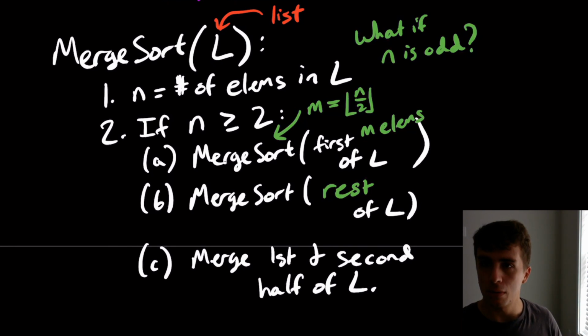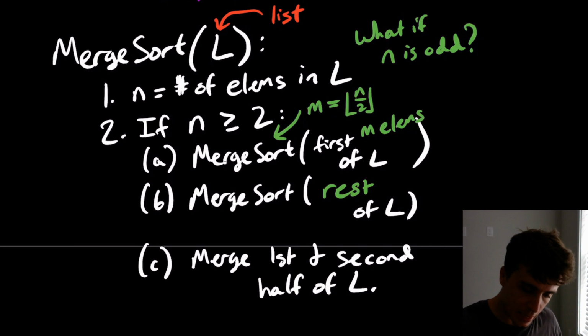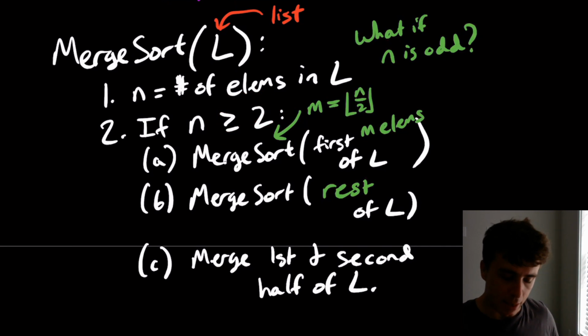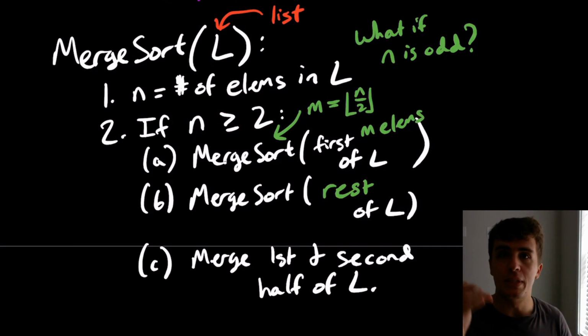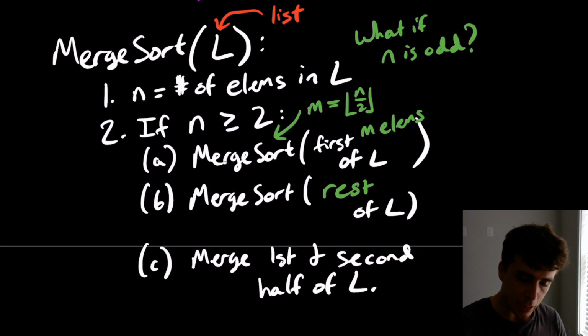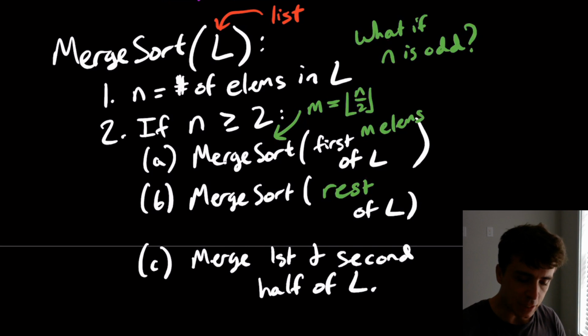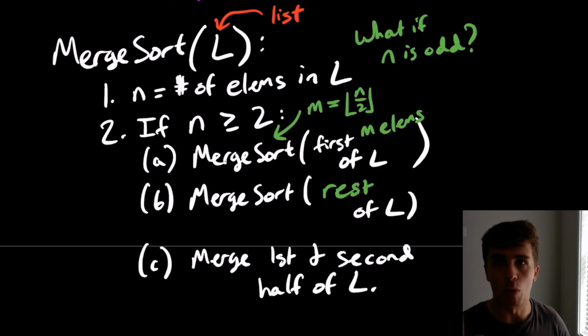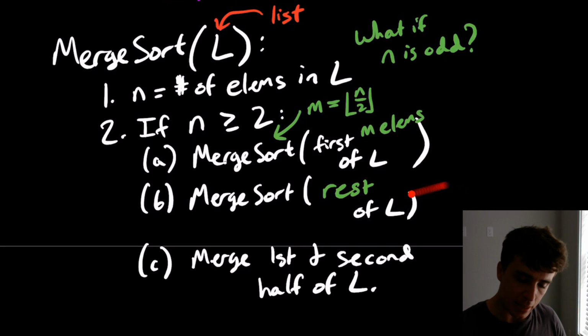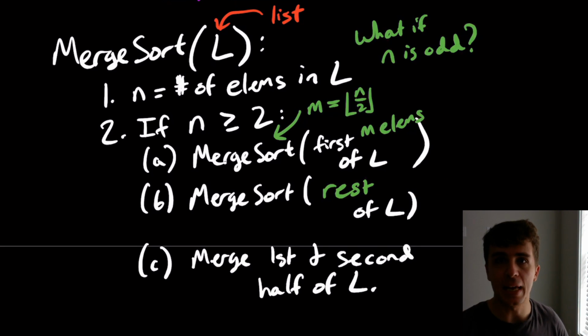Okay, so this actually works because at some point we're going to recursively go down, down, down, down, down, because we're dividing the list roughly in half every time. And at some point we're going to have exactly one element, but we don't do anything with one element. So whatever recursive case that went to, that's going to have a list with just one element. And in the second case, it may need to recurse again, but again, it's going to have one element.